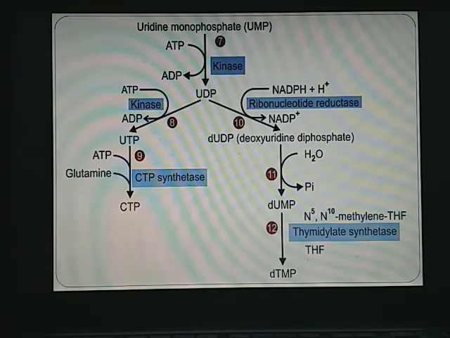Deoxyuridine diphosphate, by removing a molecule of phosphate, forms deoxyuridine monophosphate. Deoxyuridine monophosphate, in presence of enzyme thymidylate synthase, takes a methyl group from N5,N10-methylene tetrahydrofolate to form deoxythymidine monophosphate. So this is how the pyrimidine nucleotides are synthesized.